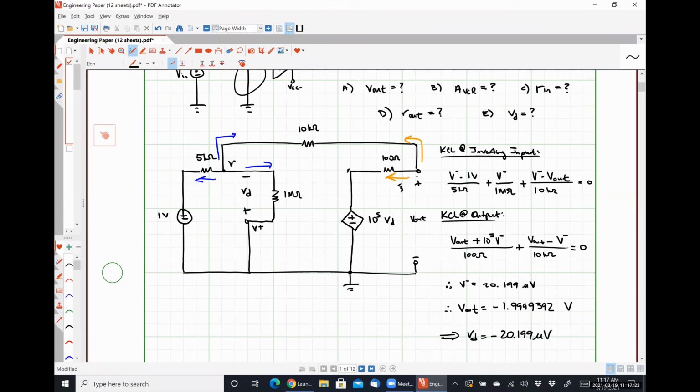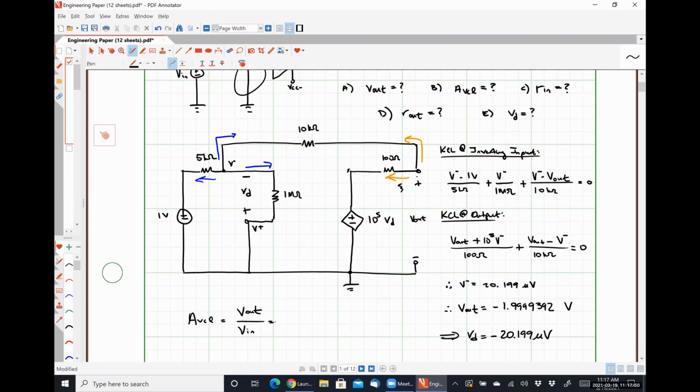Our voltage gain, our closed loop voltage gain specifically, A_VCL, is simply the ratio of the output voltage divided by the input voltage that generates that output voltage. So in this case, this is why I chose a Vin value of 1 volt.